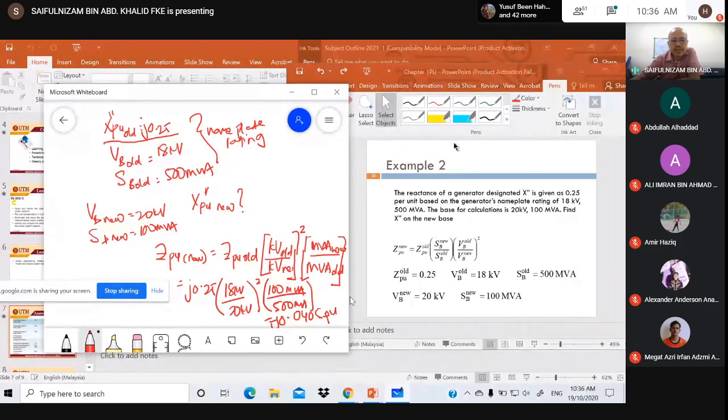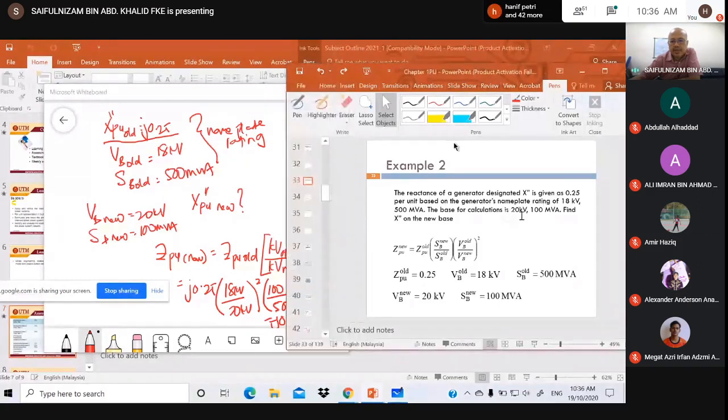So make sure you consider the complex form quantity. Since there's only reactance, you put j0.0405 per unit. So this is the new per unit value based on the selected new base. This is the new base, right? 20 kV and 100 MVA.